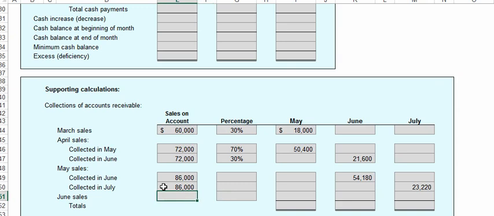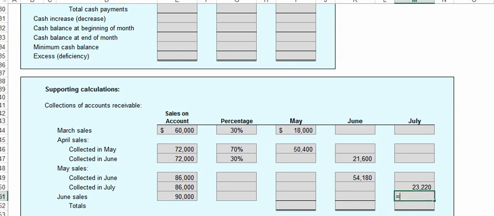Okay, June sales in total were 90,000. Alright, we won't collect any of those in May or June. We'll collect 70% of the June sales on account in July. But first we have to get to cash sales, so we'll multiply times 0.9, and then we'll multiply times 0.7, so we get 56,700.